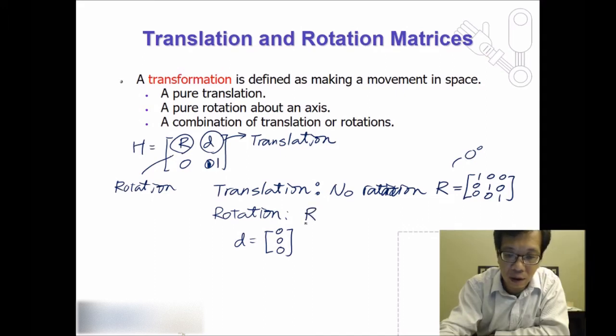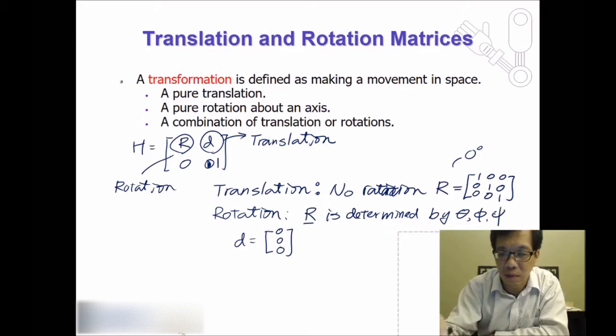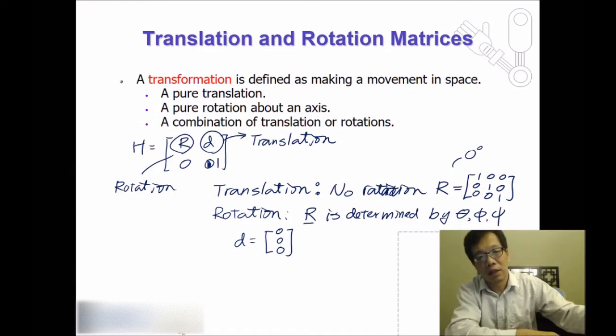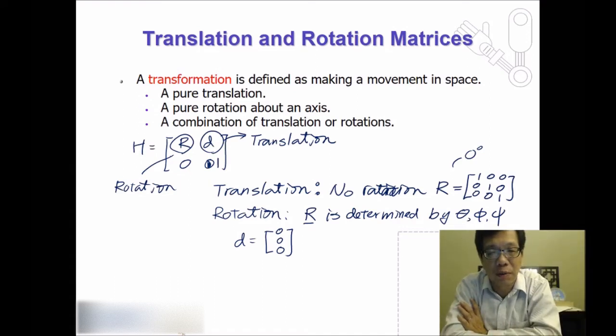Our matrix is determined by theta, phi, and psi, my roll, yaw, and pitch. So if we can understand what's going on over here, it should be pretty straightforward for us to generate the homogeneous transformation matrix.